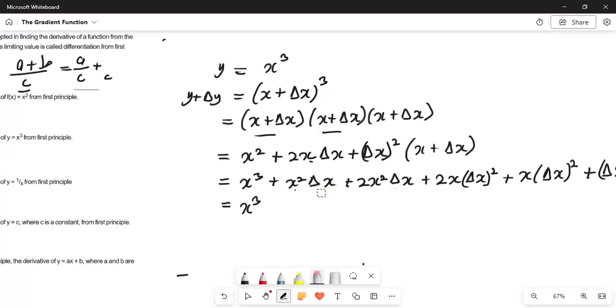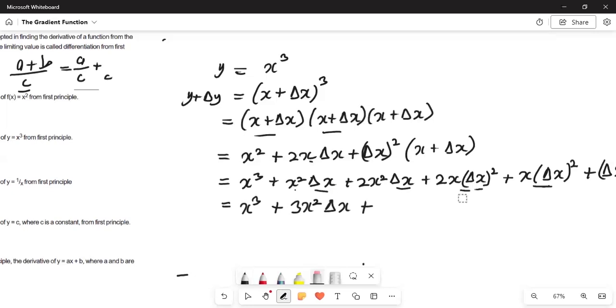So we can add them together. So x squared delta x plus 2x squared delta x is 3x squared delta x. What I did here is like saying 1x squared plus 2x squared, that is 3x squared. Then again, this and this can be added because this is 2x, this is 1x, this is delta x squared, this is also delta x squared.